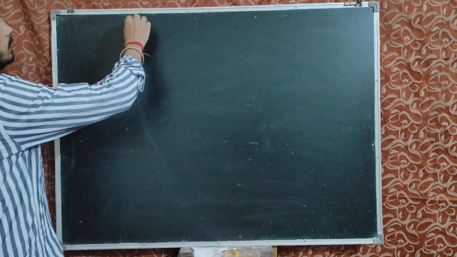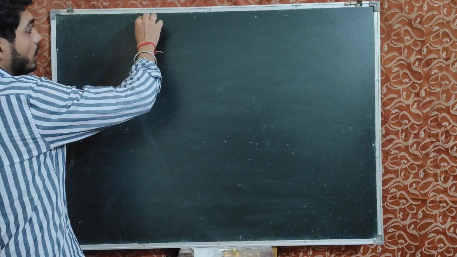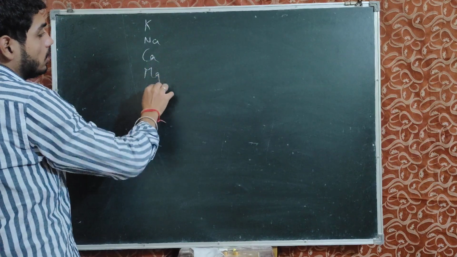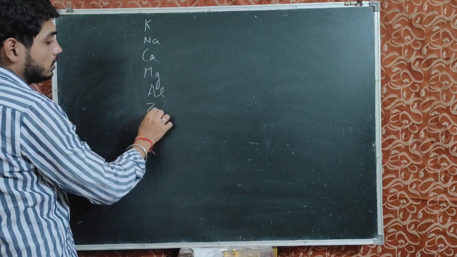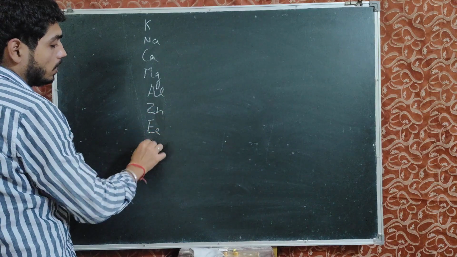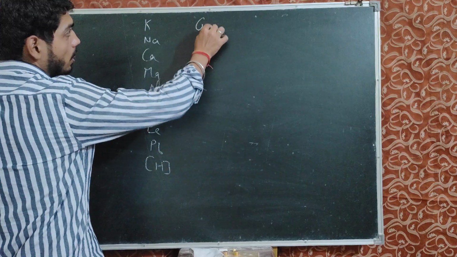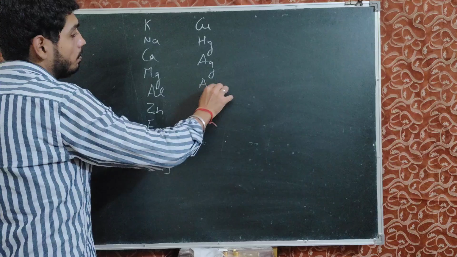So we have already studied that there is a reactivity series. What is that? K Na Ca Mg Al Zn Fe Pb H. I'm writing here Cu Hg Ag Au Pt.